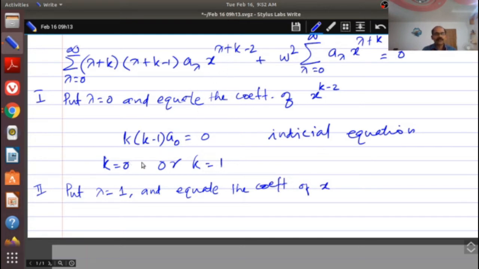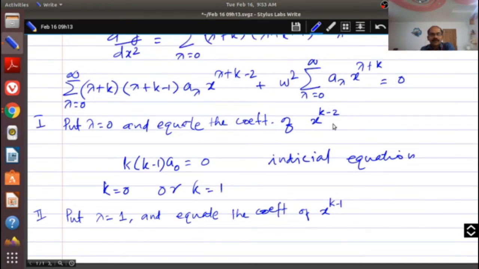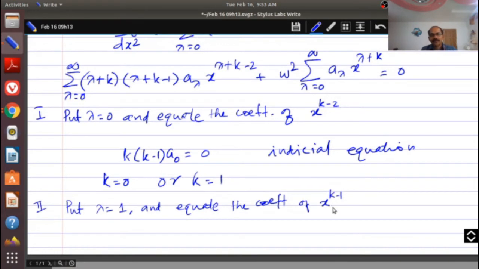Once you put lambda equal to 1, this is 1 plus k, this is k, a1 x raised to k plus 1 minus 2, so x raised to k minus 1. You have no x raised to k minus 2 here; the next higher term will be x raised to k minus 1 when you put lambda equal to 1.